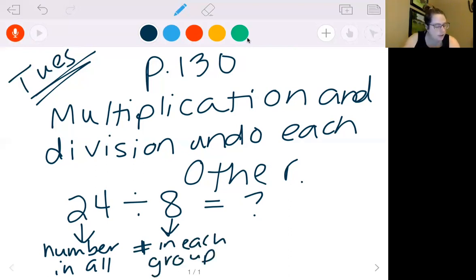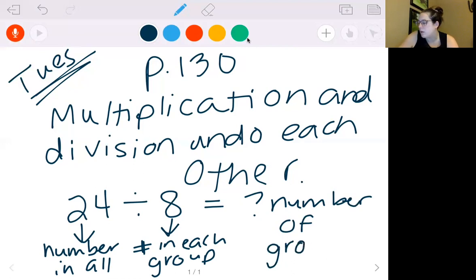And so our quotient, our answer, is going to be the number of groups. So if we have 24 things in all and we want to put 8 of them in each group, when we find our answer, that'll tell us the number of groups.